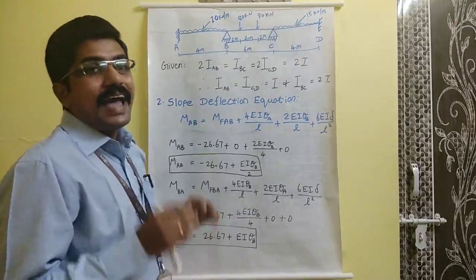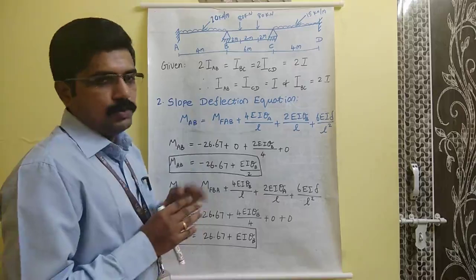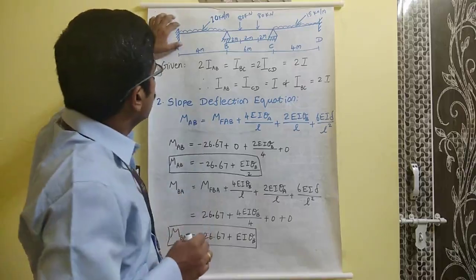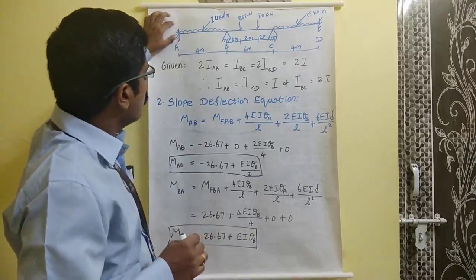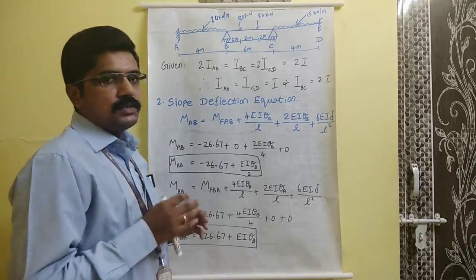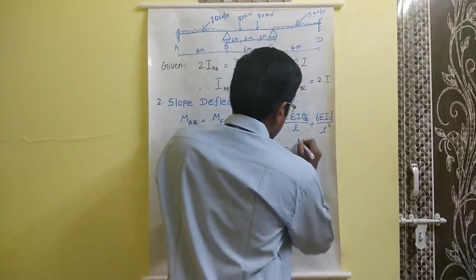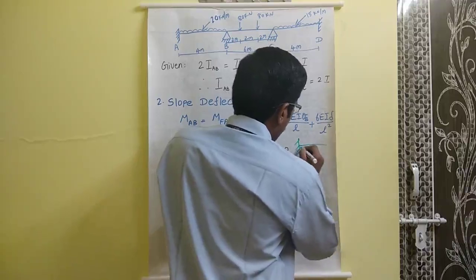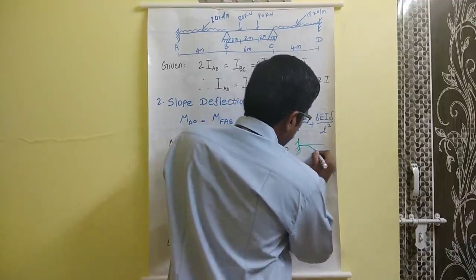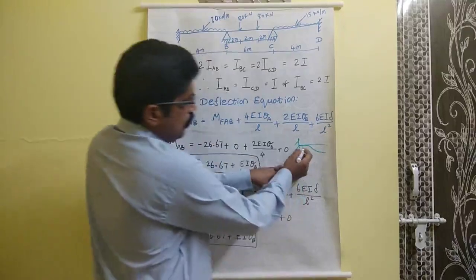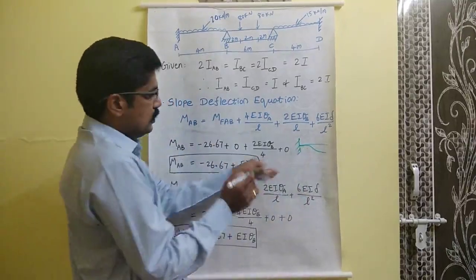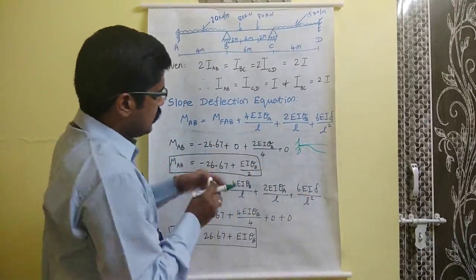At A we have a fixed support, and in a fixed support there will be no rotation. So the rotation of the support will be 0, and only we have taken 0 here.